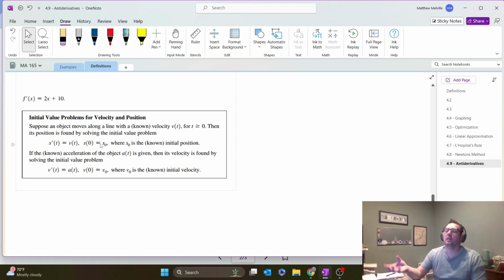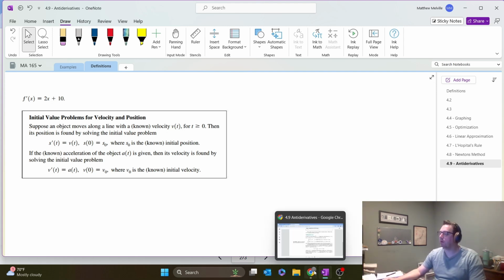So then you can plug it in and get it correctly. Or likewise, I can go from the acceleration to the velocity, and they give you an initial velocity, and then you can find the actual equation for it. It's pretty slick. You're going to do great. Working backwards for antiderivatives is sometimes a little bit more rewarding than taking the derivative even. But we will go from there.